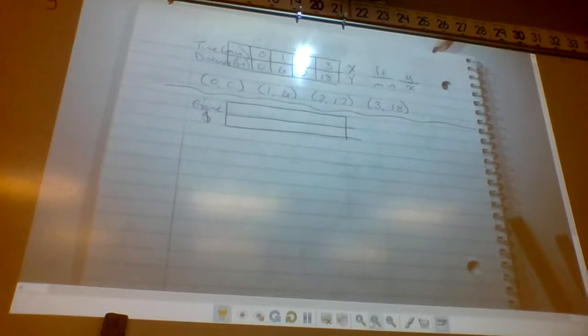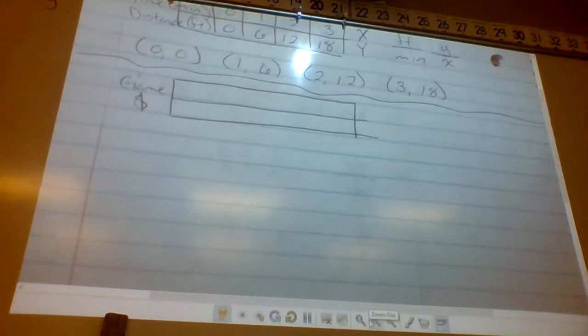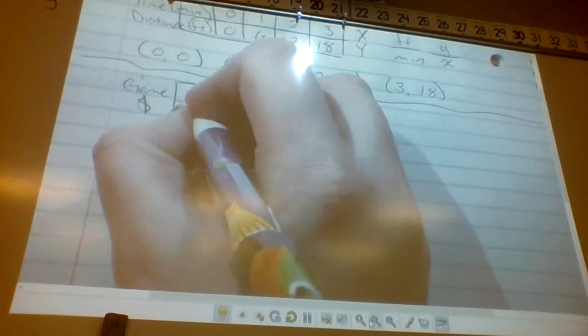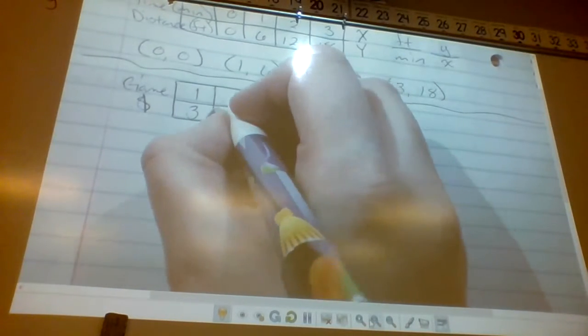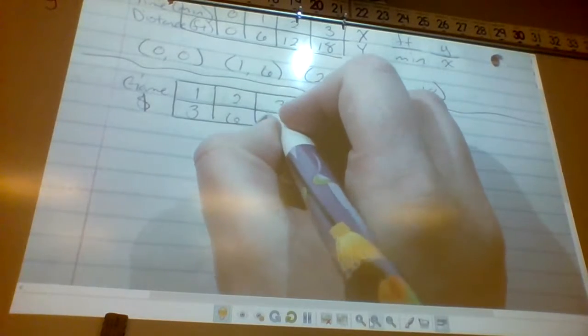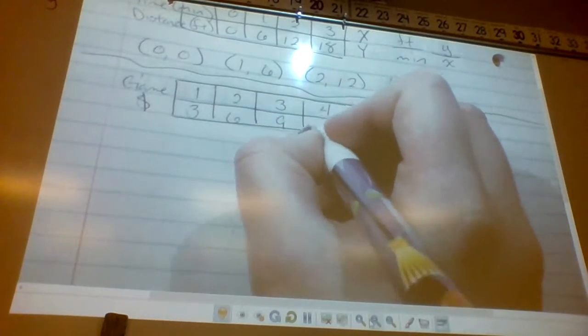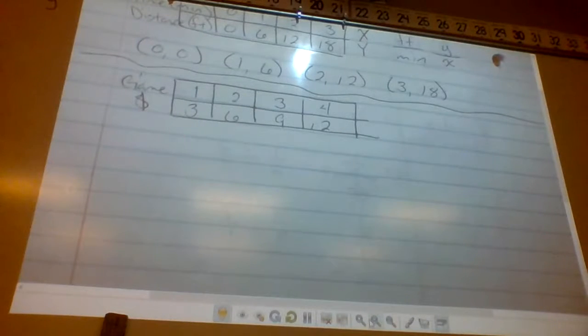This one's going to be about games and dollars. So you can play games for dollars. So we have a 1 and a 3, a 2 and a 6, 3 and a 9, 4 and a 12. Are we going to want how many games you get for $1 or how many dollars you pay for one game? $1 you pay for one game.